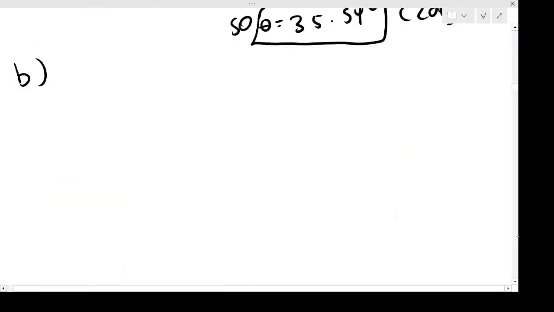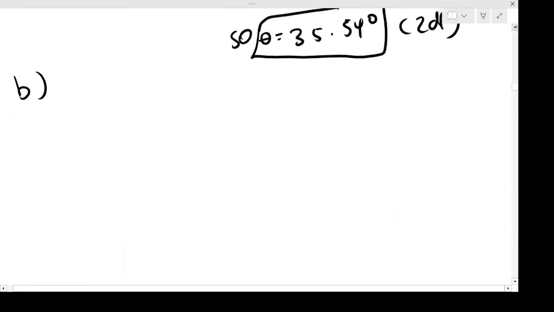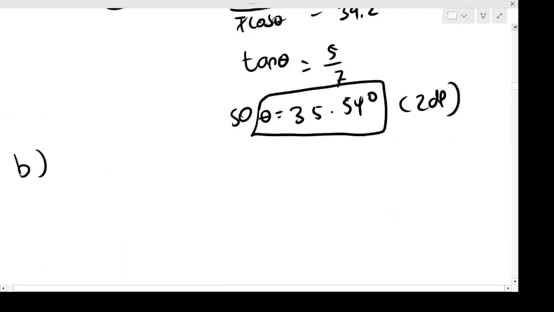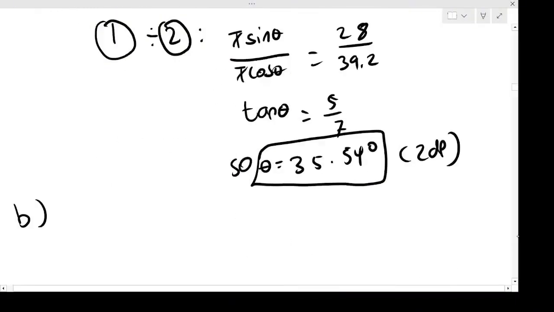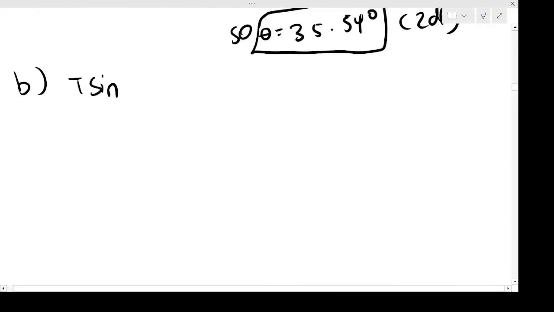Well, if we go back to our simultaneous equations, I know what theta is now, so I can find T, the tension. I'm going to sub it into the first one. T sine theta is 28. Therefore, T is going to be 28 divided by sine theta.